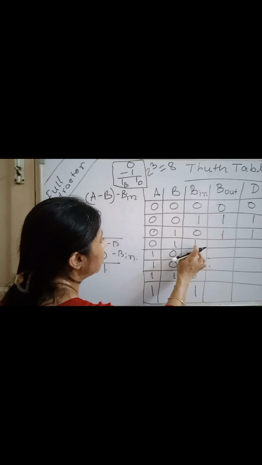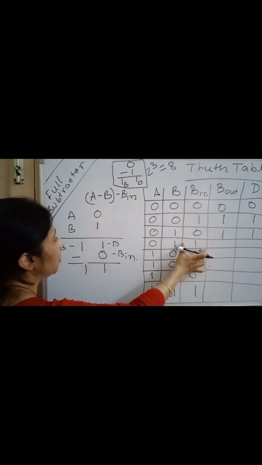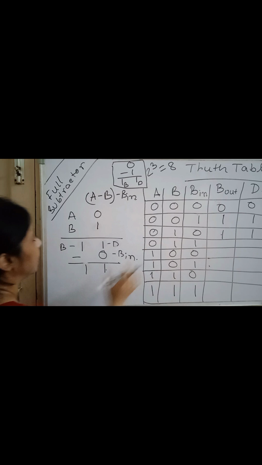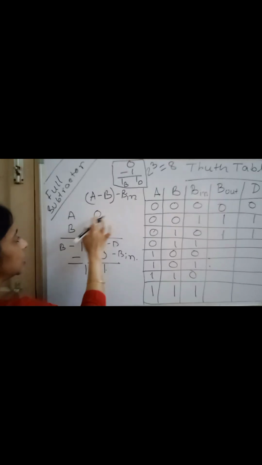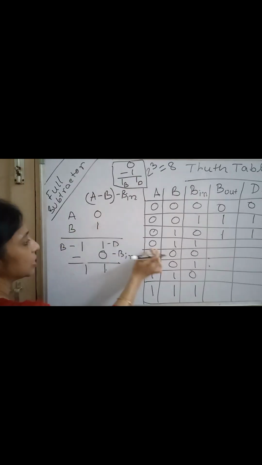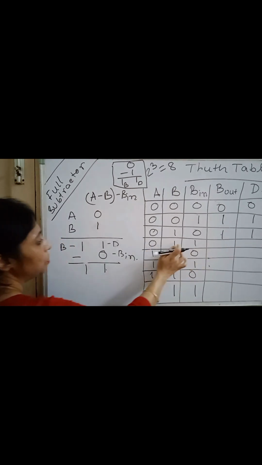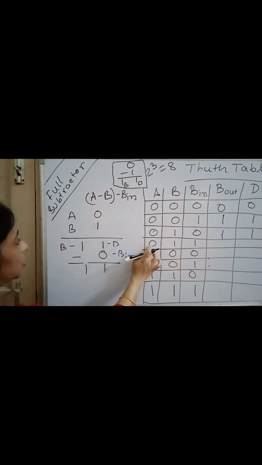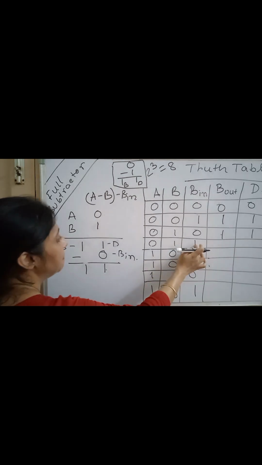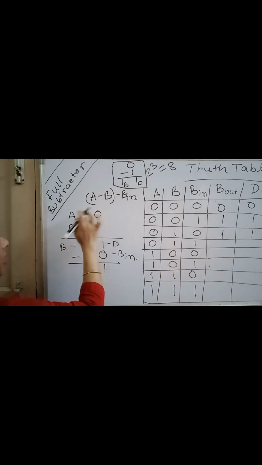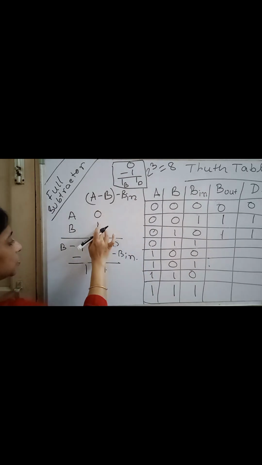Now come to the next combination. 0 minus 1 minus 1. 0, 1, 1. So A is 0, B is 1 and B in is 1. So A 0, B is 1.